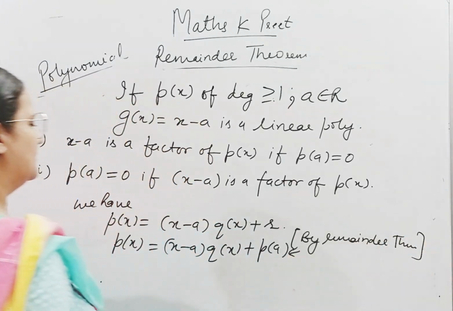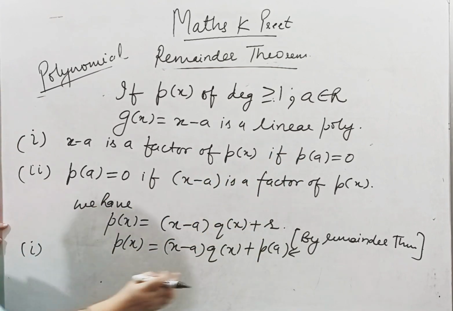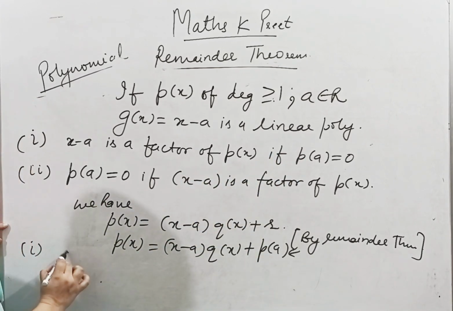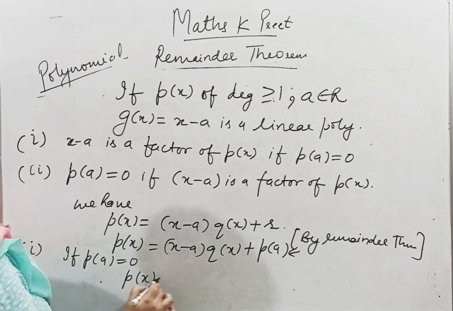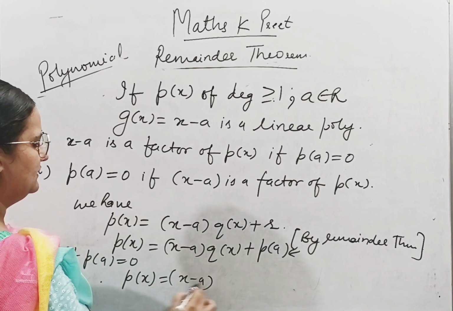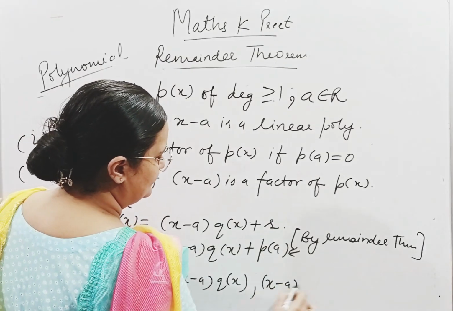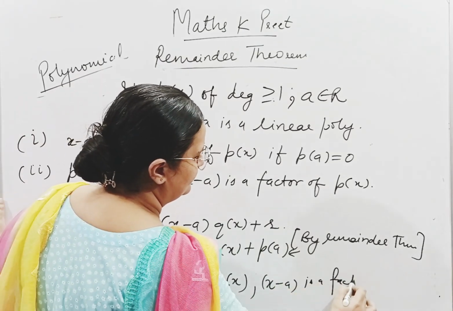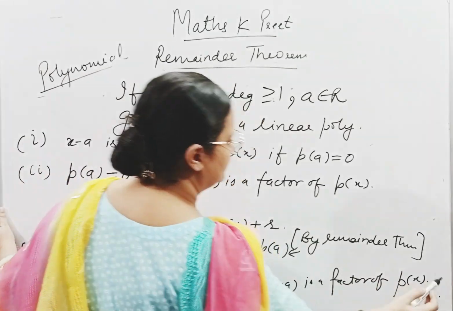So first is, if p of a is equal to 0, we are left with x minus a into q of x. So this gave us x minus a is a factor of p of x. Why? Because remainder is 0.